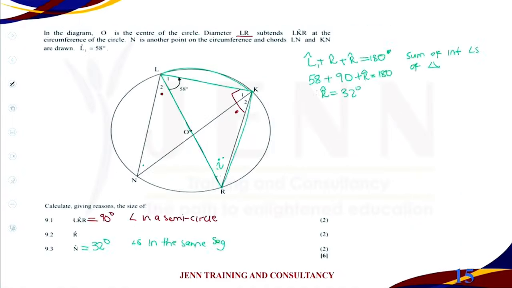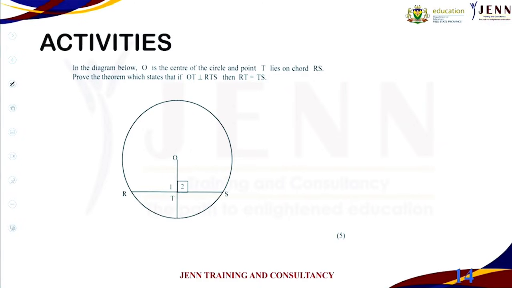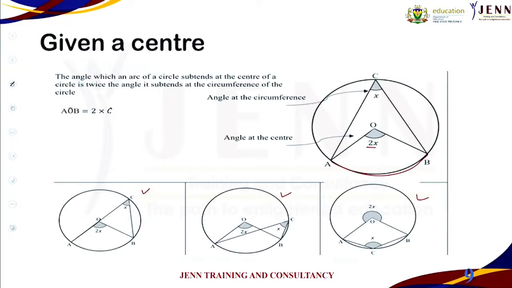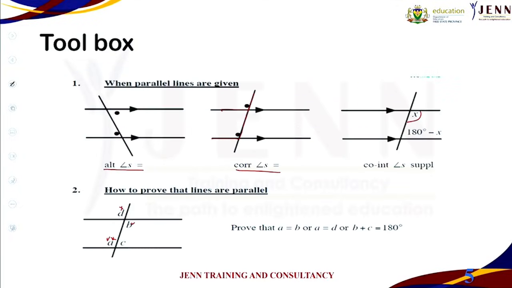You can't just prove parallel lines without knowing what it is that you must prove. So remember when I first started, I explained how to prove that lines are parallel. For us to prove that two lines are parallel, you have the following to prove.